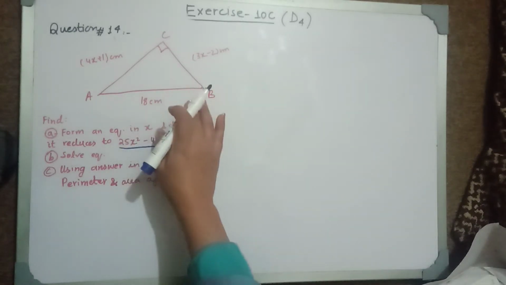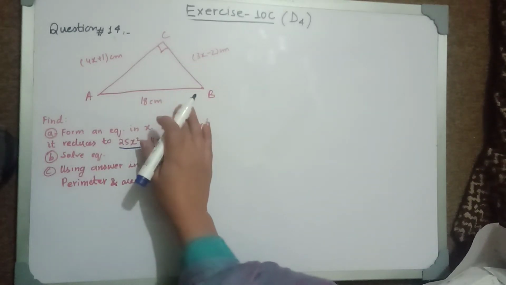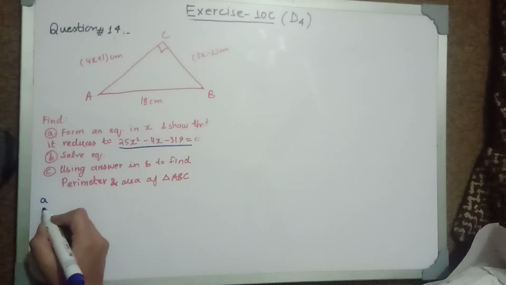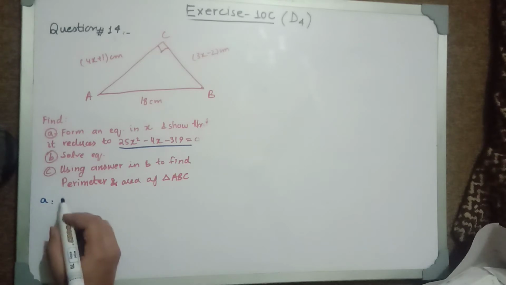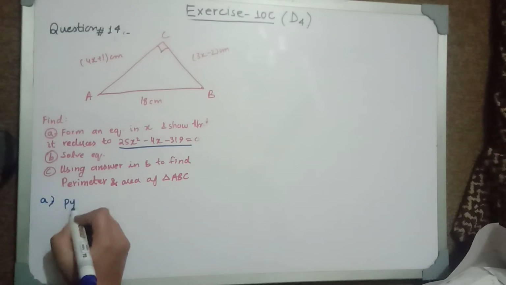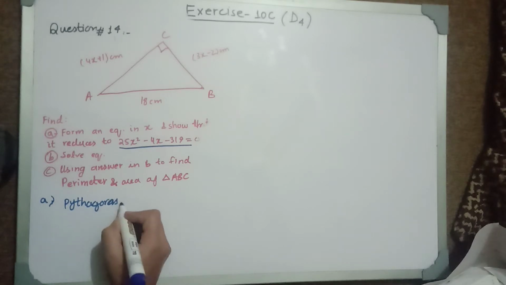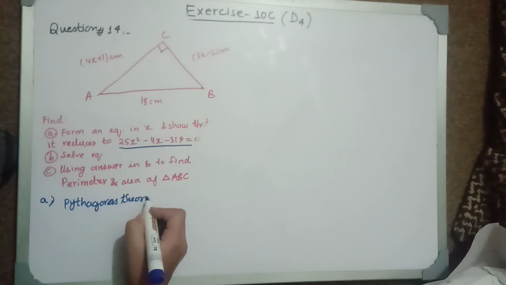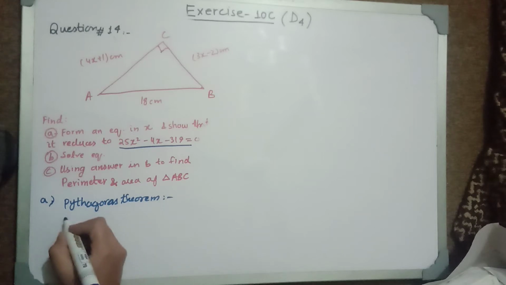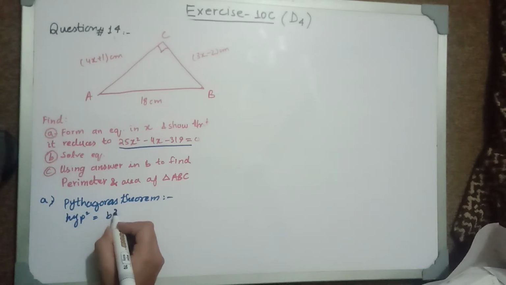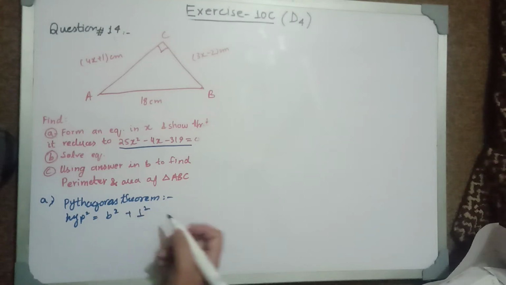So as it is a right angle triangle, I can apply Pythagoras theorem. Let's begin with part A. We are applying Pythagoras theorem here, which states that hypotenuse square is equal to base square plus perpendicular square, right?